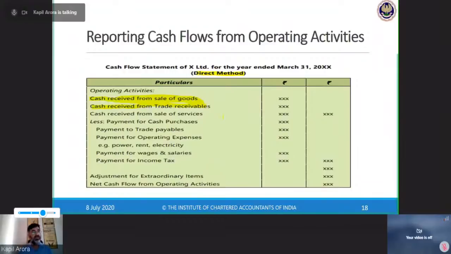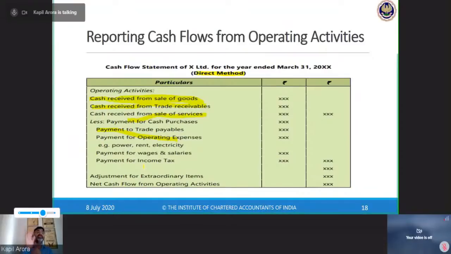What is the cash received from sale of services? By taking these, deduct all the payments made for trade payables, operating expenses, power and electricity, wages, salaries, income taxes.